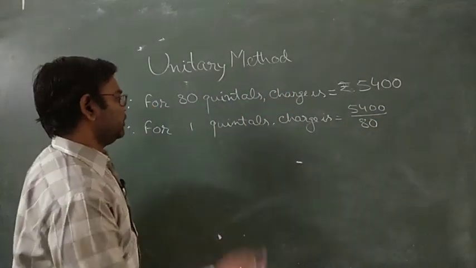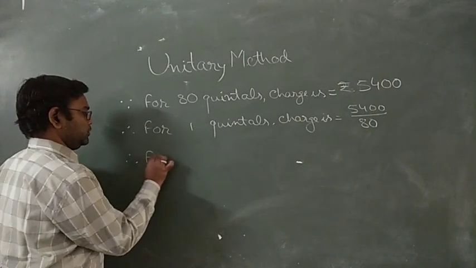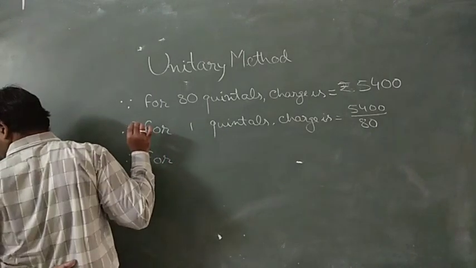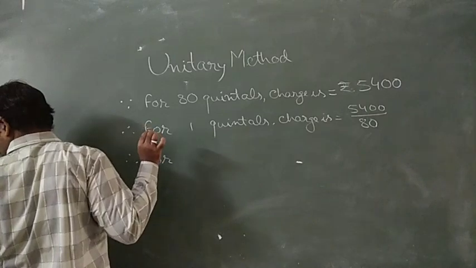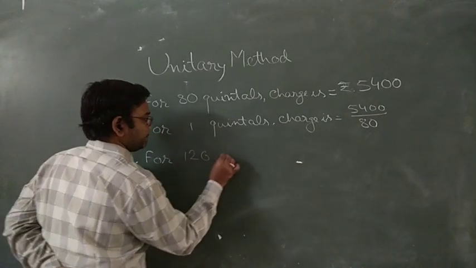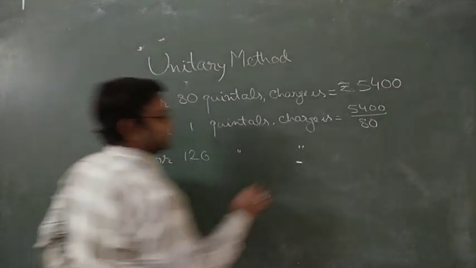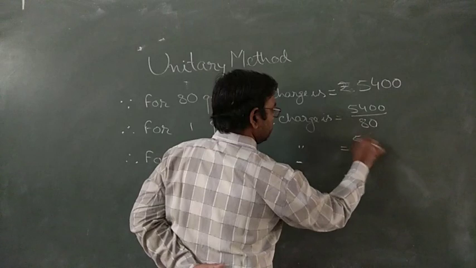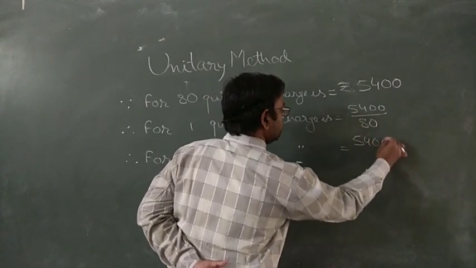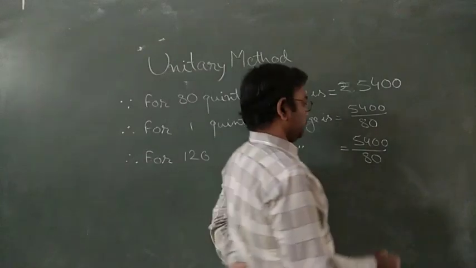I need not divide over here, we divide at the last sentence. So for 126 quintals, equals to 5400 upon 80, and then 126.